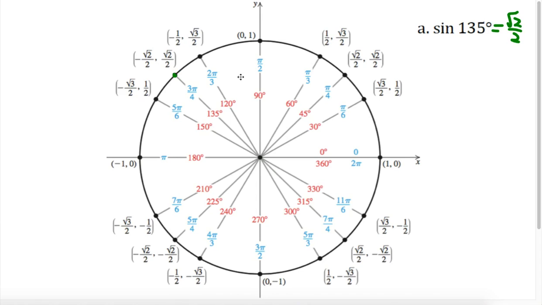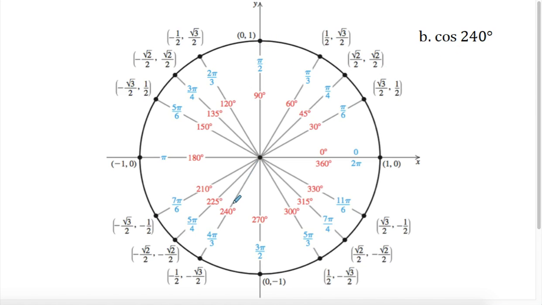So I'm just looking at the unit circle to find that actual value. I mean, we could construct a right triangle here, say that this reference angle would be 45 degrees, find the opposite and the hypotenuse, but we would ultimately find that that ratio is the square root of 2 over 2.